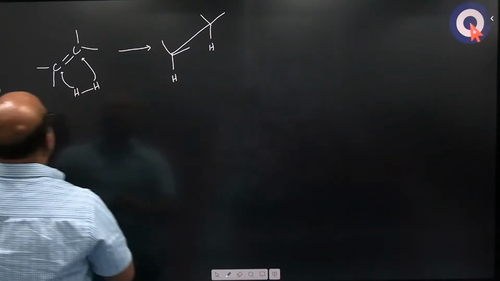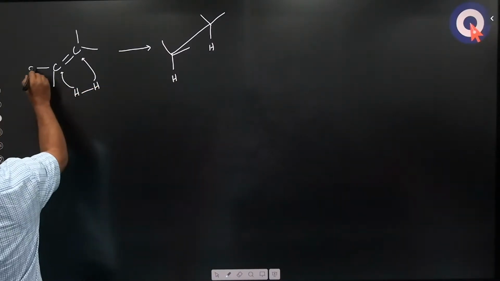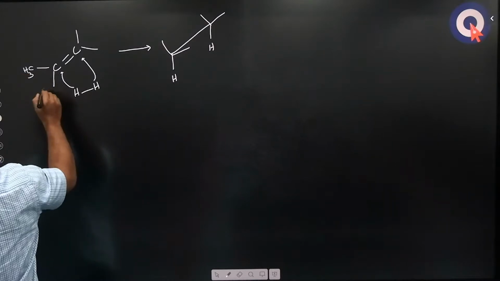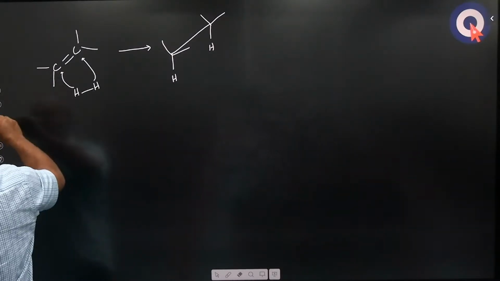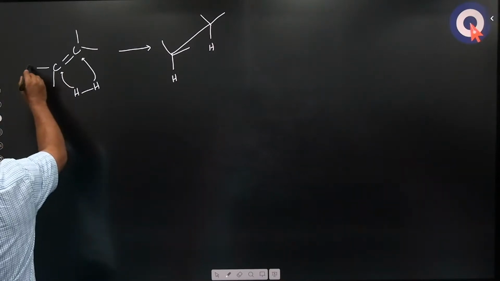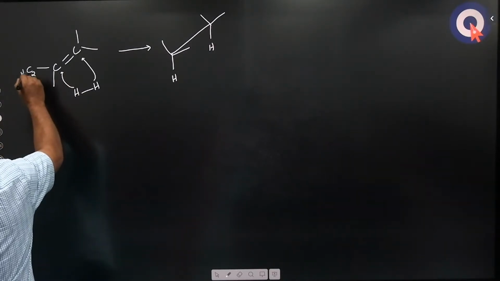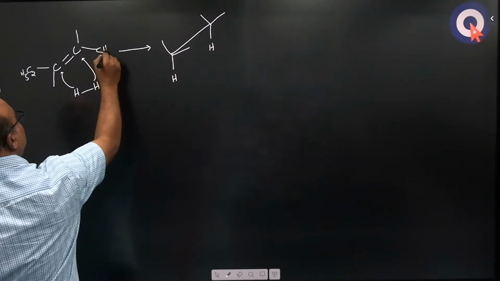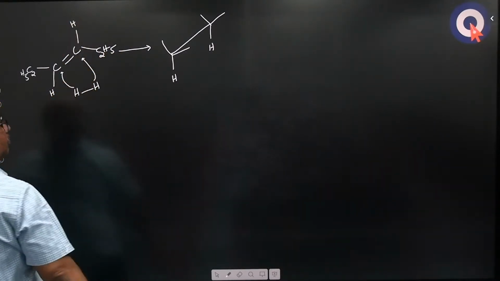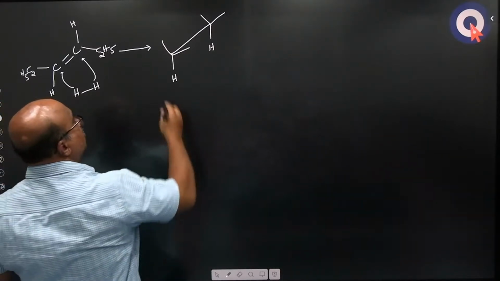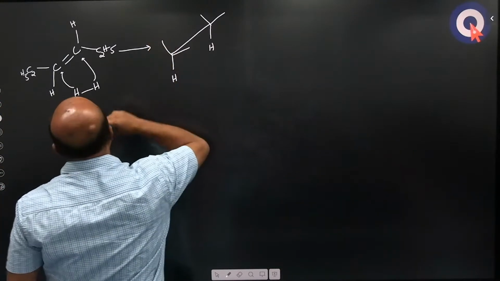So if we take the compound with this configuration, let us take the given one already. What was the given one? The first one was trans. So C2H5 is here, C2H5 is here, hydrogen was here and hydrogen is here. So what will this one give?